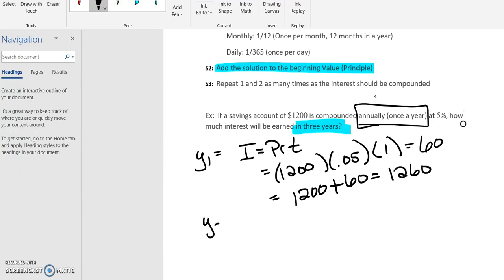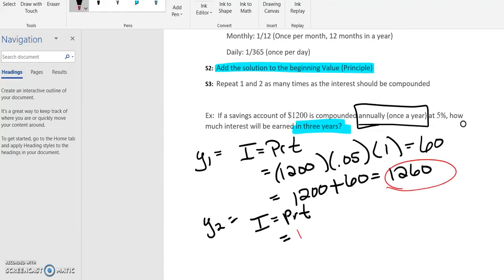So year 2, I'm not only calculating what my original cost is from my original 1,200. Now I'm finding out some interest on this 1,260. So my new year 2 is going to be I equals PRT, where my principal is now going to be this 1,260. So 1,260 times my rate. My rate here again is still 0.05.